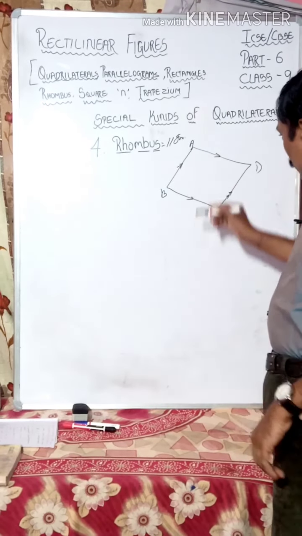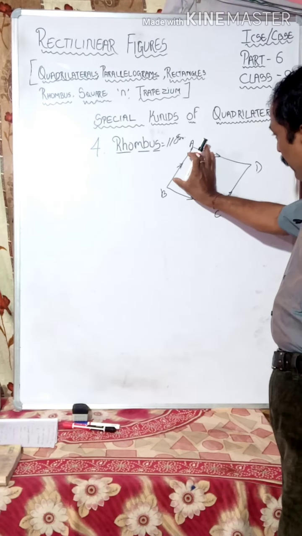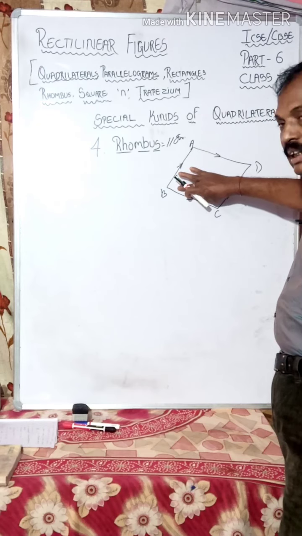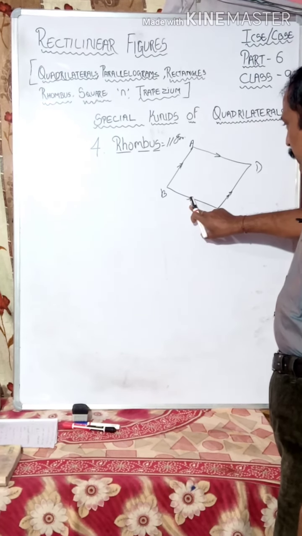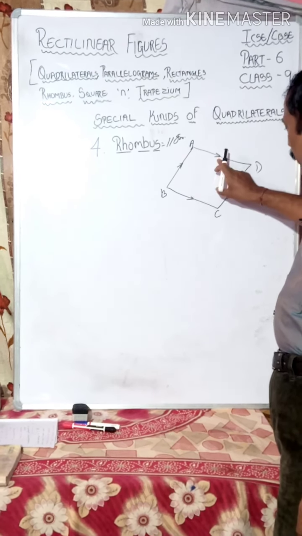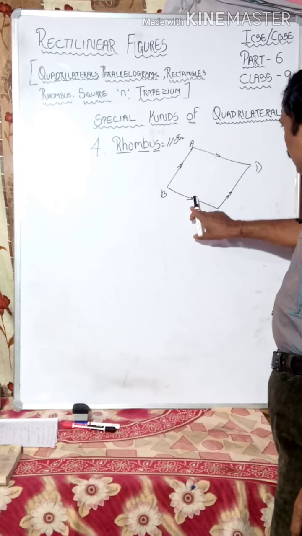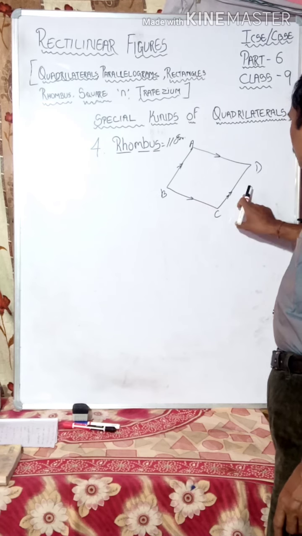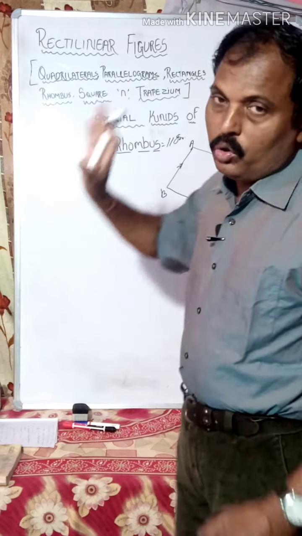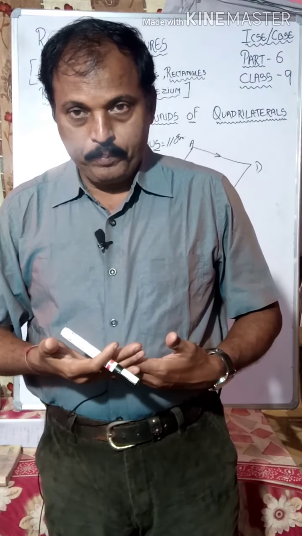Two adjacent sides, AB and BC. If AB is equal to BC, then according to the parallelogram property that opposite sides are equal, AB is equal to BC is equal to CD is equal to AD, meaning all sides are equal.